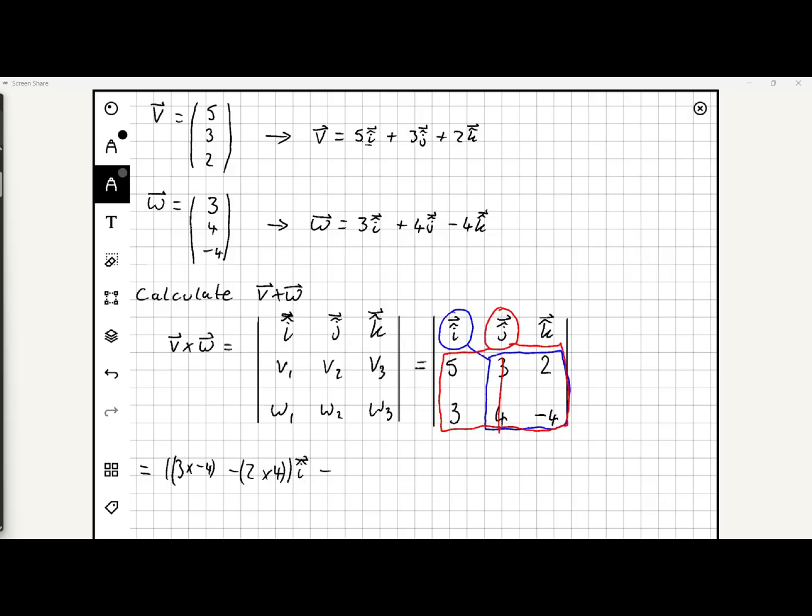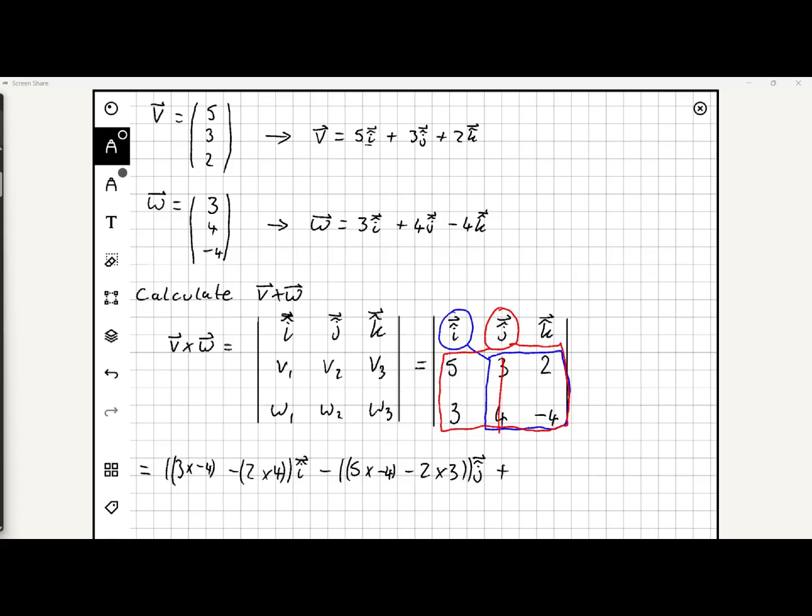So now we have 5, 2, 3 and -4 as our matrix. This will then give us 5 times -4 minus 2 times 3, all multiplied by the unit vector j.